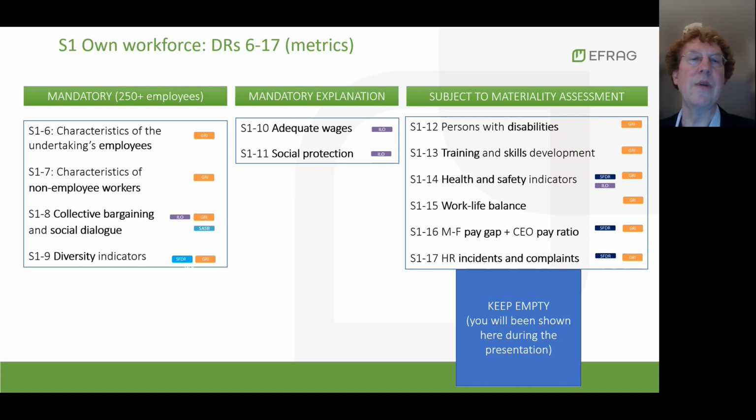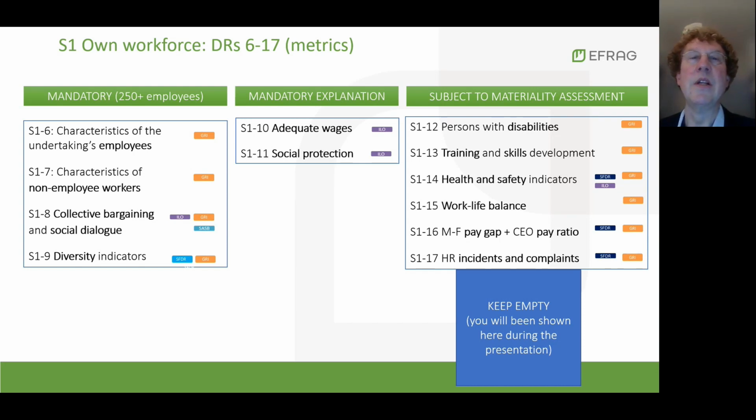And there are also ILO norms, in particular the 5 fundamental work-related rights, which would cover collective bargaining and social dialogue. And there's also a Sustainable Finance Disclosure Regulation indicator that's required in diversity. So these first 4 metrics are mandatory for all companies with over 250.